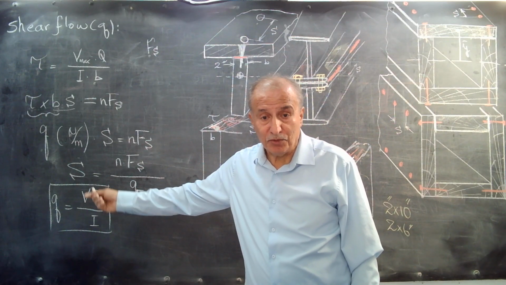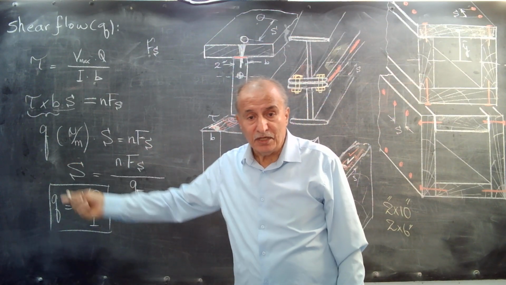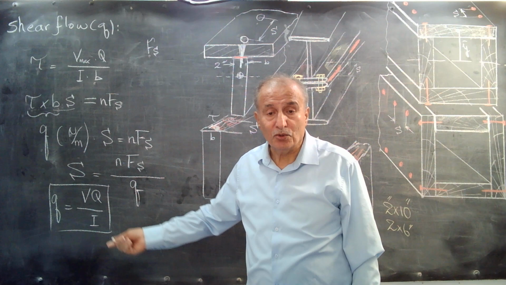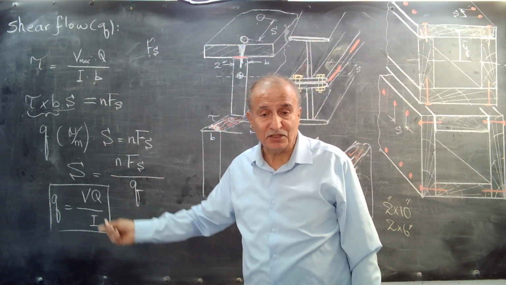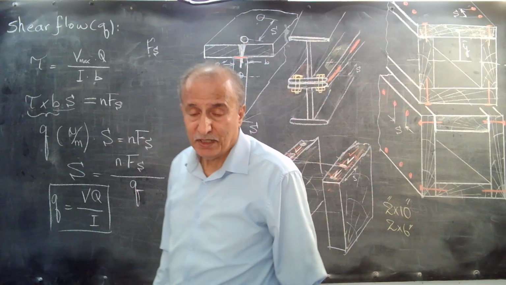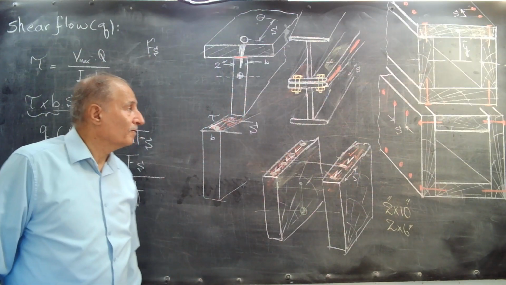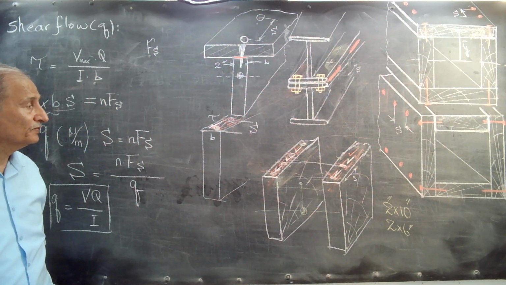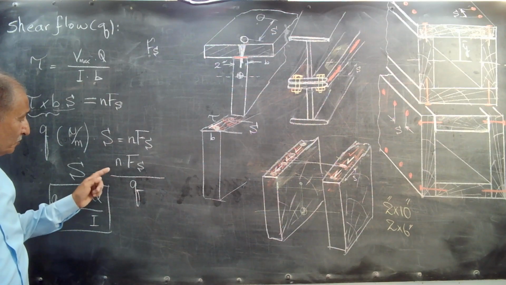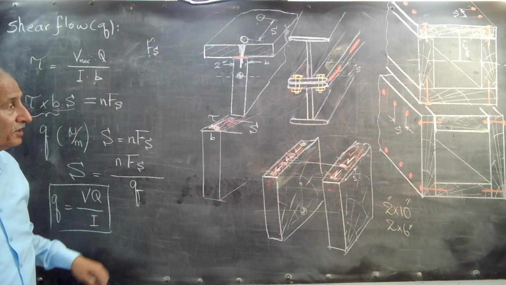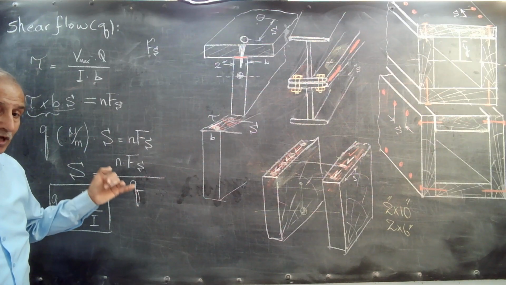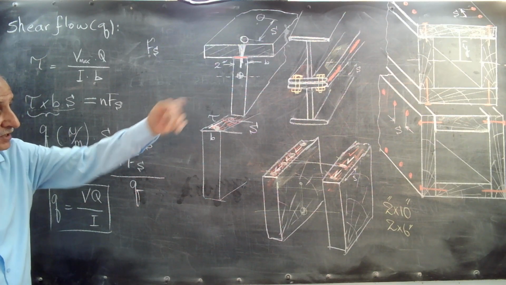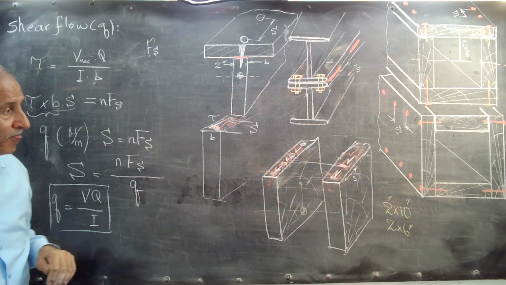In the cantilever beam, at the base. In the simply supported beam also, at the supports, but you must check which support takes more shear force, and use the maximum value for it. Then the number of nails depends on the design. It can be 1, it can be 2, like here on this design is 2, in this design is 1.